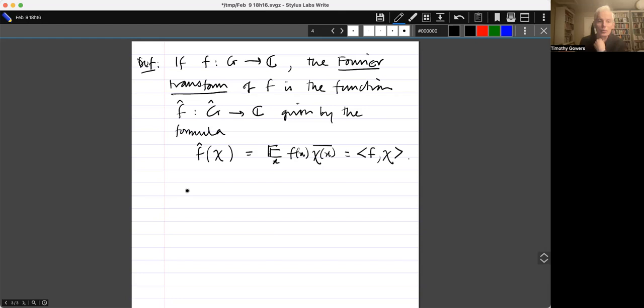So it will come as no surprise that we have the formula f of x equals the sum over all chi of the Fourier coefficient of f at chi, which is the coefficient of f when you expand in terms of this orthonormal basis, times chi of x.